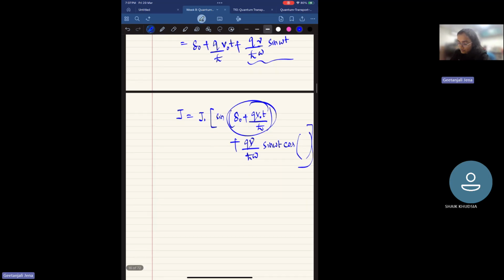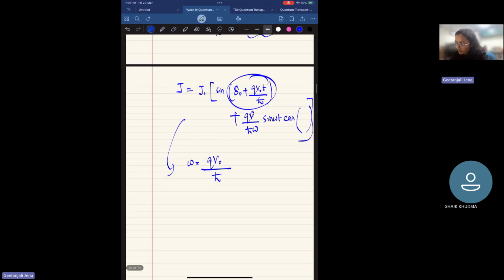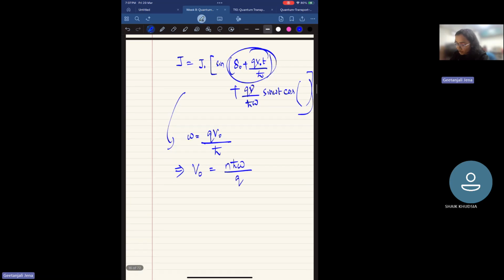So for this expression, one of the conclusions that we get is that the current is only non-zero when omega is QV0 by H. So that means to see a non-zero current, or to see the transport, we need to apply a voltage V0, which is N H cut omega by Q. Or we can write it as V0 is N phi 0 omega by 2 pi.